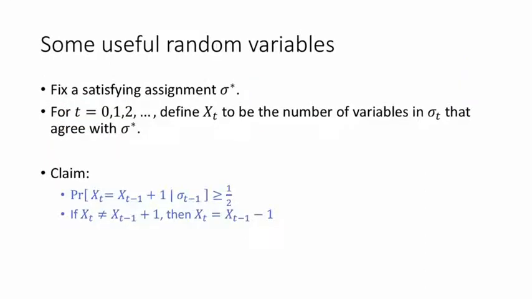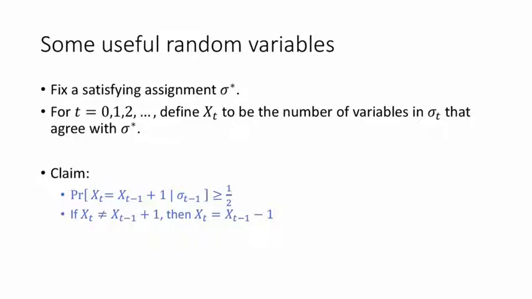So let's suppose that phi is satisfiable. We are going to define a few useful random variables that are going to help us analyze the algorithm in that case. So since phi is satisfiable, let's fix a satisfying assignment, sigma star. If there's more than one satisfying assignment, it doesn't matter which one we choose, just pick any of them and call it sigma star.